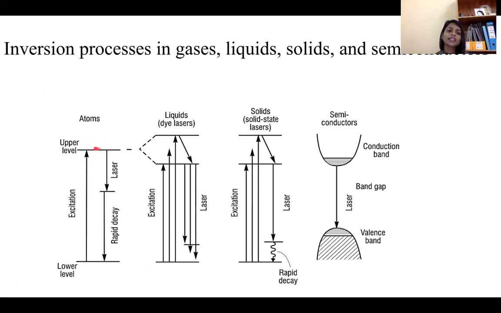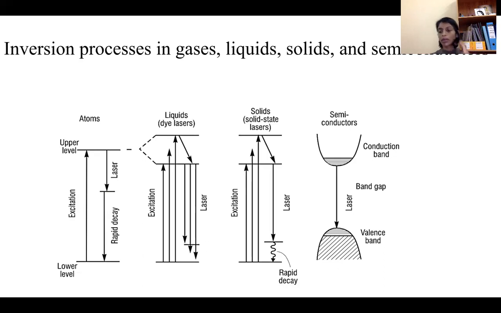And then because this upper level is metastable, they will drop down to another level and then quickly decay. So we can manipulate the system depending on the conditions that the atoms offer in the gas medium.